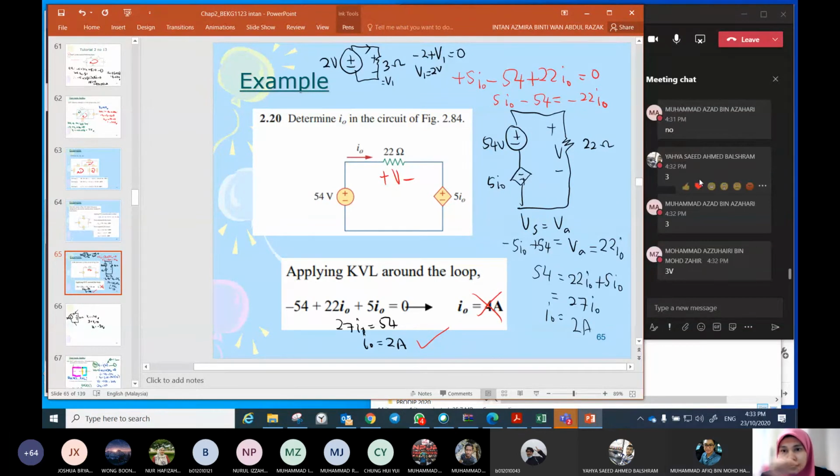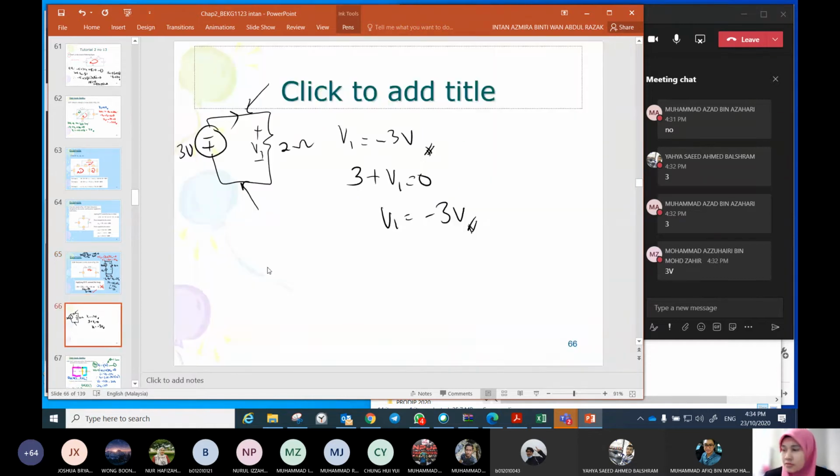Okay, Doktor. So in this circuit, we have two voltage sources. The arrangement of the voltage source is opposite, right? Positive, negative, and then negative, positive. So maybe you will get confused, then better to write KVL equation.